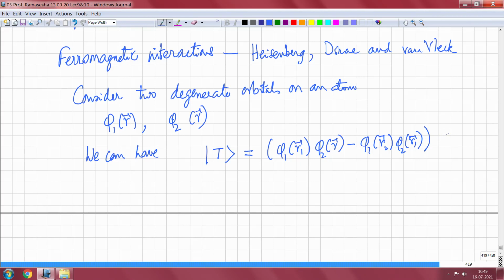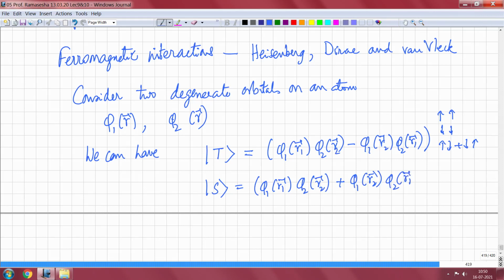Okay, so this can be either up up, down down, or up down plus down up of the two electrons. And then I have a singlet state which can be written as phi1 r1 phi2 r2 plus phi1 r2 phi2 r1 times up down minus down up.